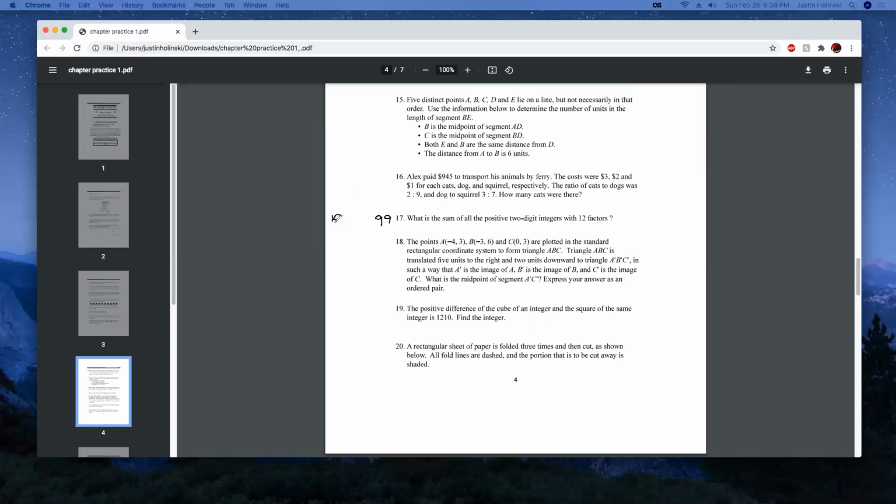All right, so let's talk about the factors of 99. So 10 is not going to work. It definitely doesn't have 12 factors. Let's try numbers that are greater than 12, because 12 is the number specified. Well, 12 doesn't have 12 factors though, or does it? All numbers that are strictly greater than 12.